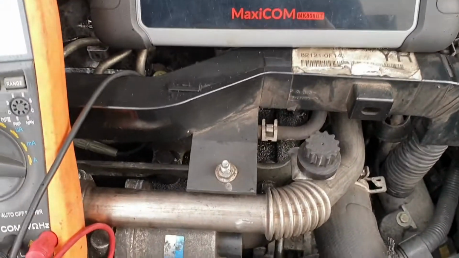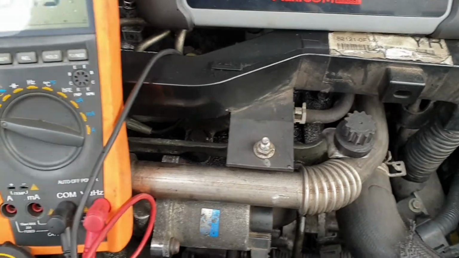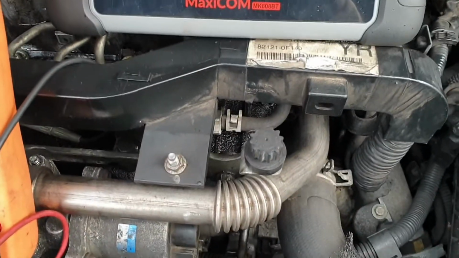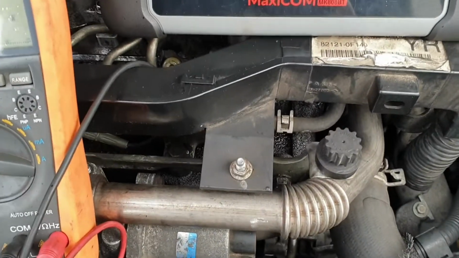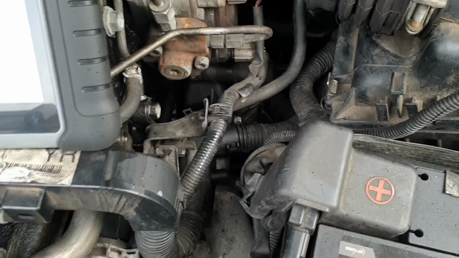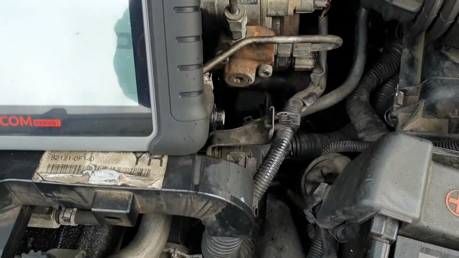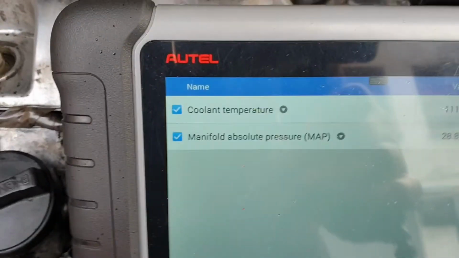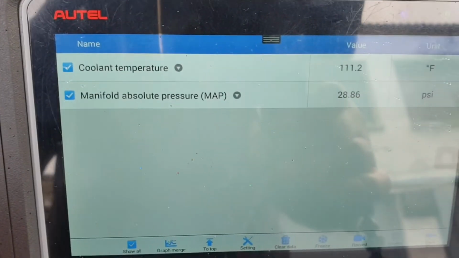Either the inlet manifold could be clogged, the charged air may be restricted, or the turbocharger unit could be defective as well.